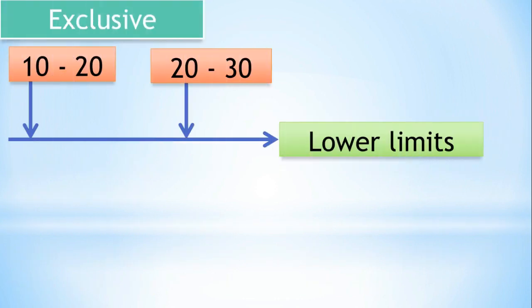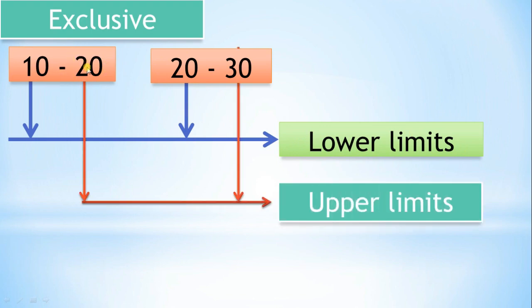Look at the slide over here. If the given frequency distribution is 10 to 20, 20 to 30, in the first class interval this is 10, and in the second class interval, the first one is 20. These are called lower limits. In a similar way, the 20 and 30 are called upper limits.